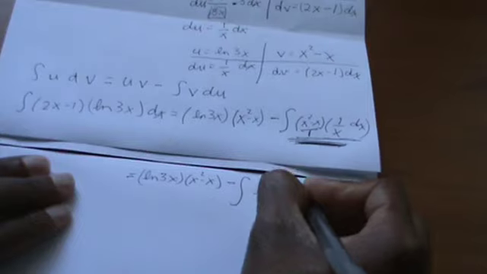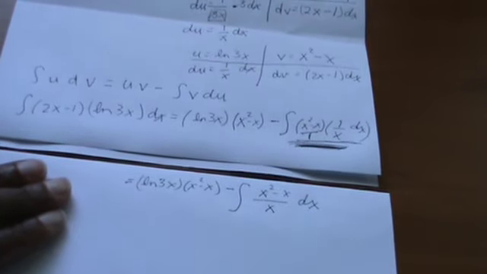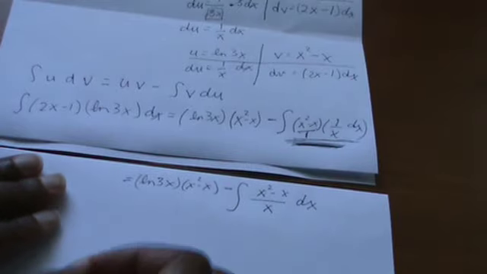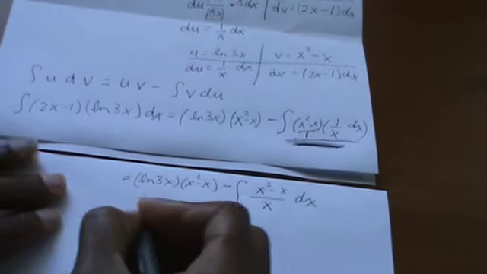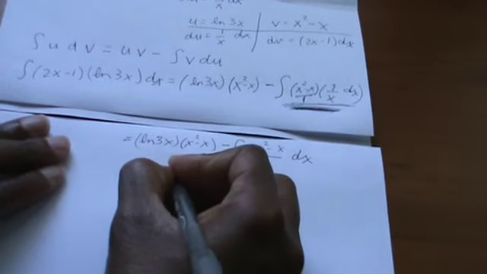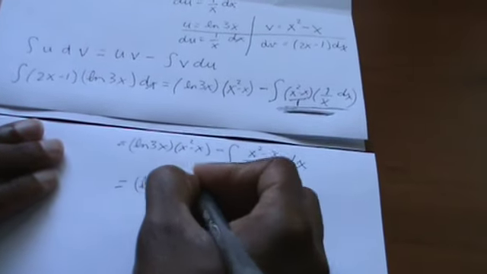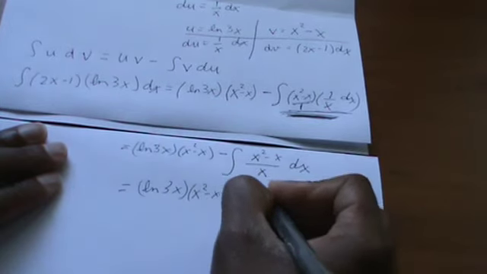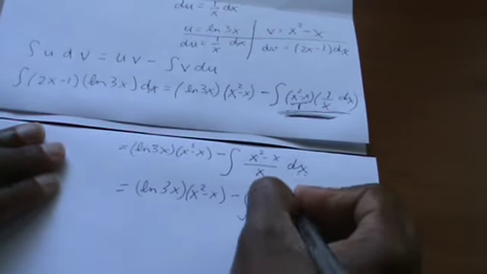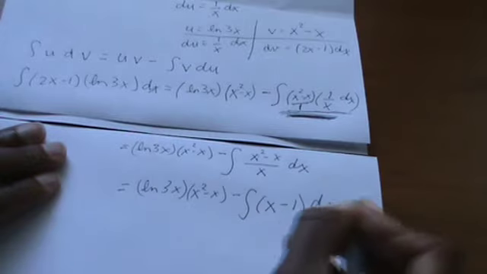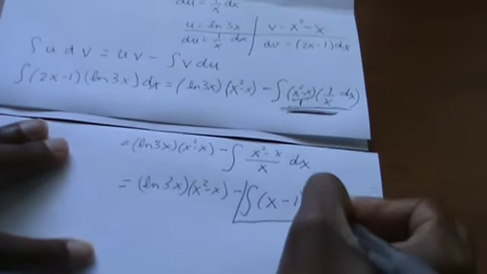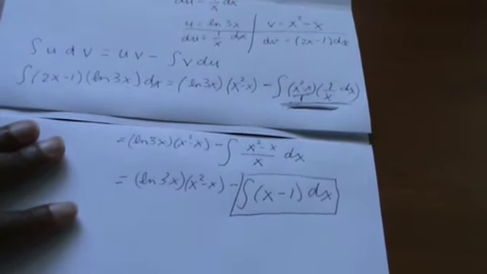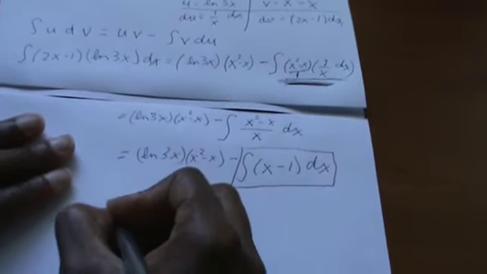I get x in the denominator, like that. Now you can see that the x goes into both of the pieces in the numerator. So this equals the natural log of 3x times x squared minus x minus the antiderivative of x minus 1 dx. Now wait a minute, we're finally at a point where we can find the antiderivative, right? No problems. So here we go, next step.